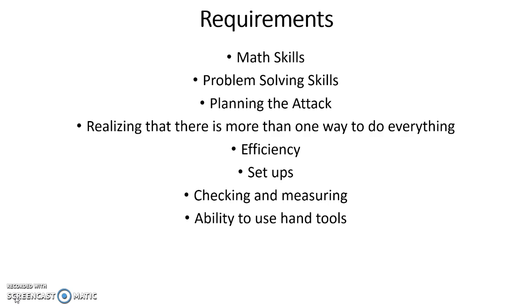You have to be able to take your part and set it up correctly to be able to be machined. You also have to check at several intervals and measure to make sure you're doing everything correctly. You also need to be able to use some hand tools, wrenches, Allen wrenches, files, that sort of thing, tape measure.